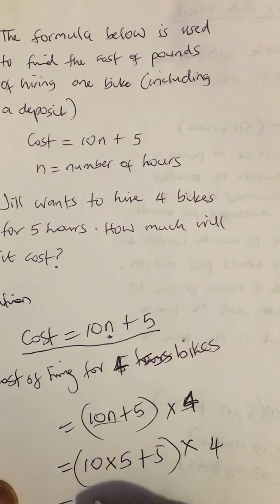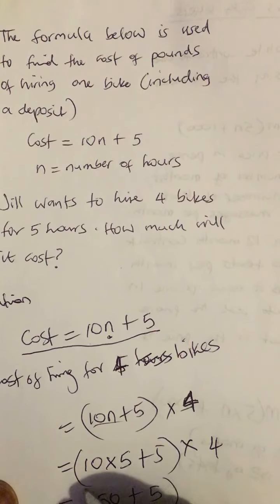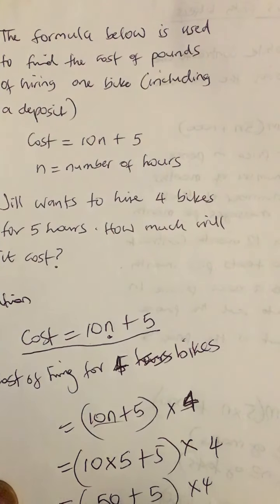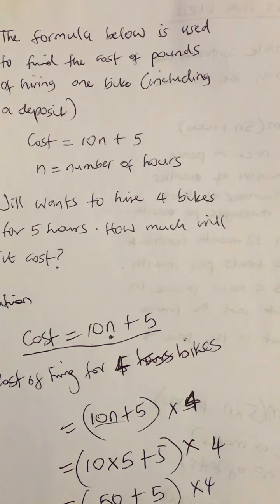So it will give us 50 plus 5 times 4. 50 plus 20 is 70, and 70 times 4 gives us 220. So the cost of hiring 4 bikes for 5 hours will be 220 pounds.